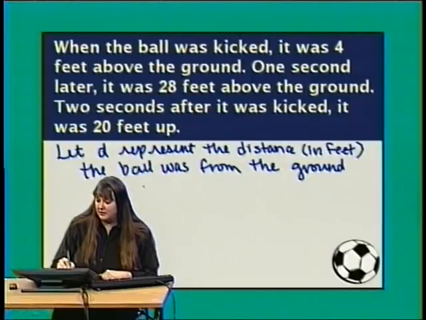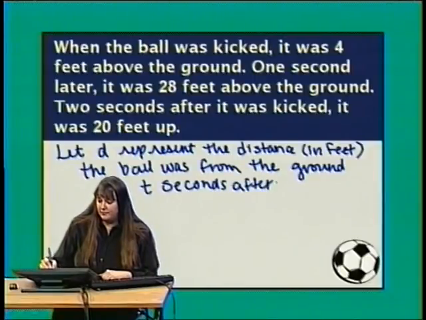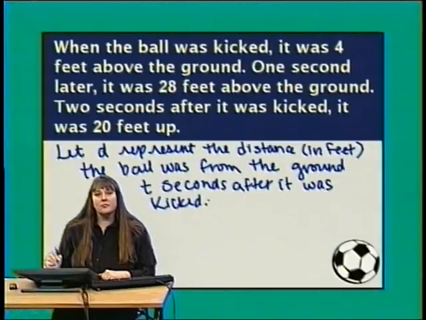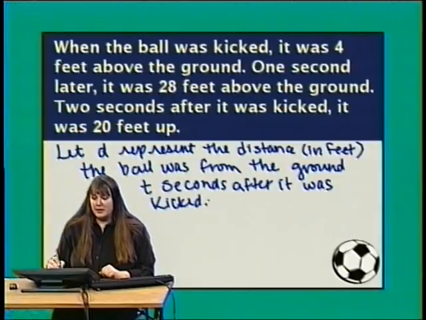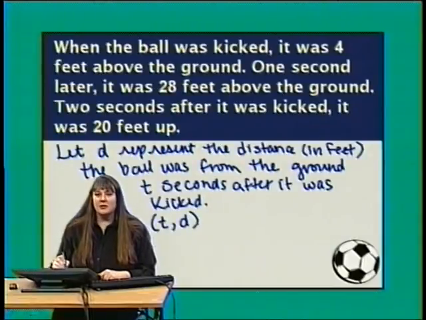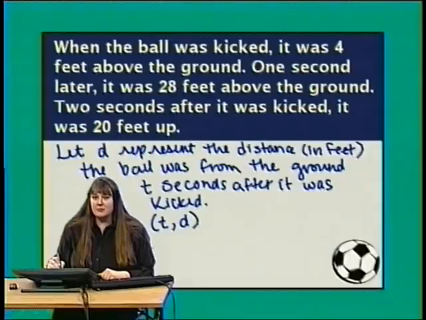And I'm going to make that t seconds after it was kicked. Now I'm thinking about ordered pairs here. My ordered pairs are going to be in the form (t, d). The distance depends on the time it was kicked.